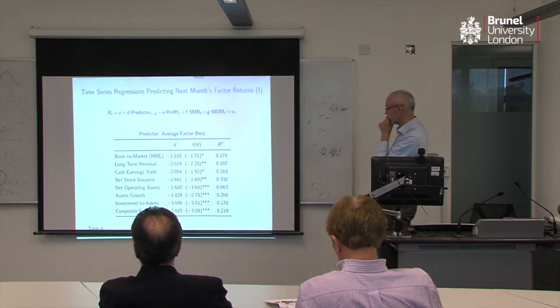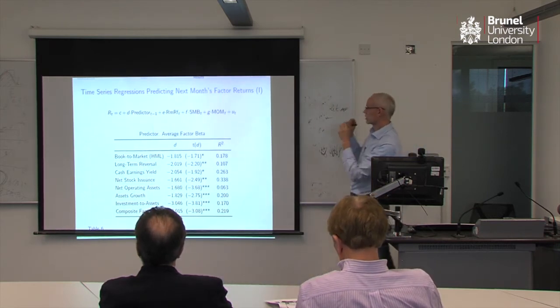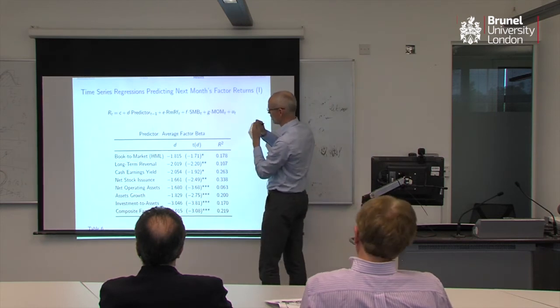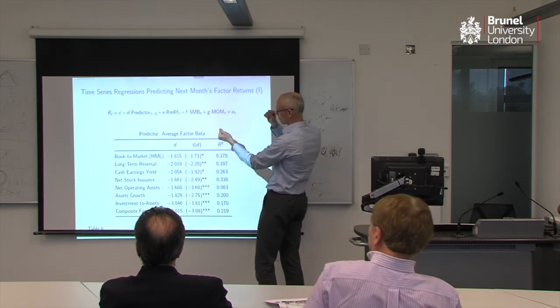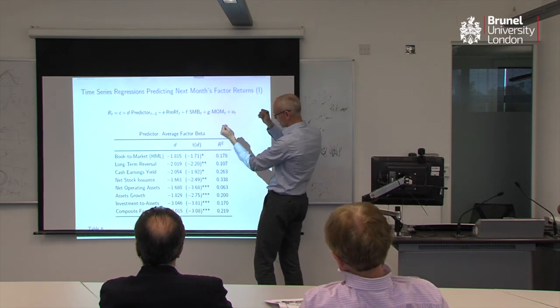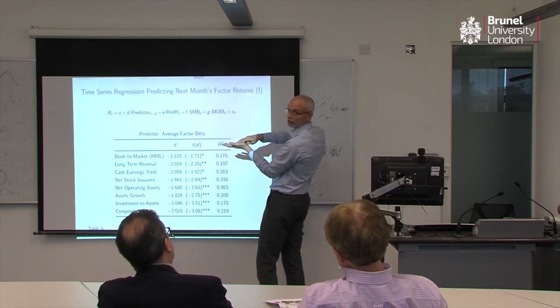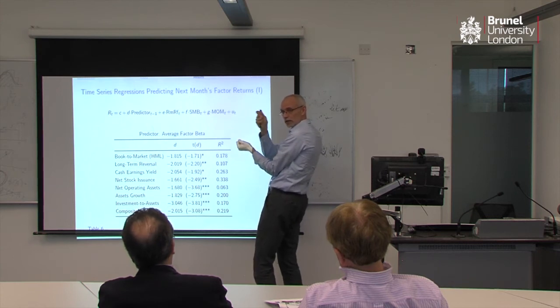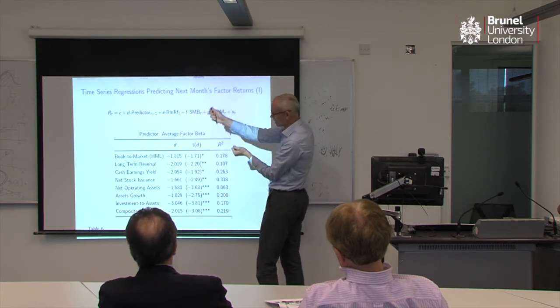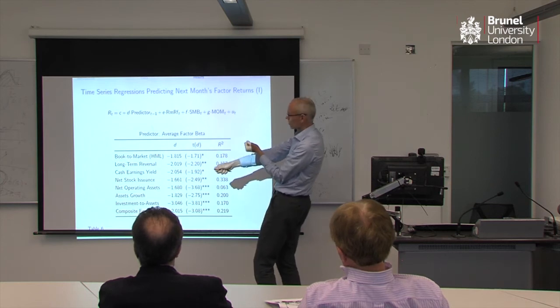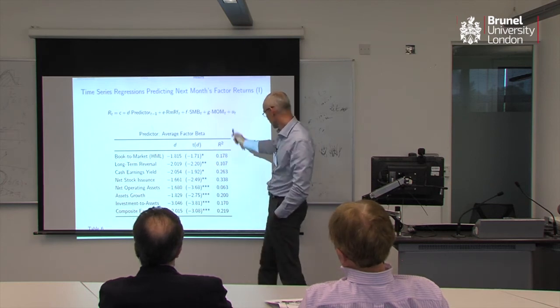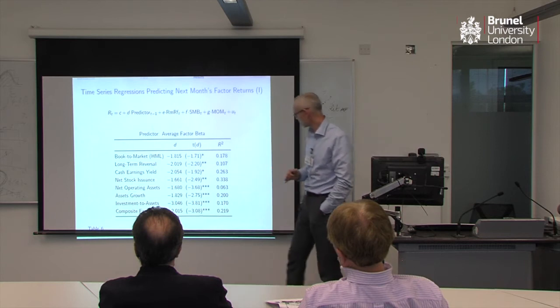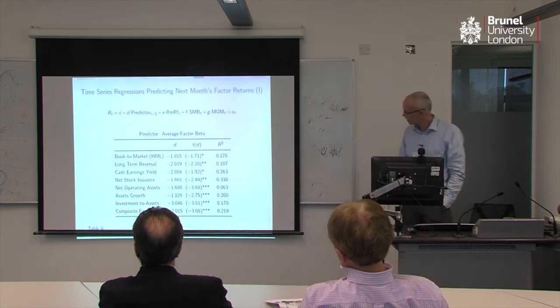All right, so I have the factor betas. I've taken an average of the factor betas, so I have a value factor that I'm going to use to predict each of the individual factor returns, and you can see the t-statistics here.